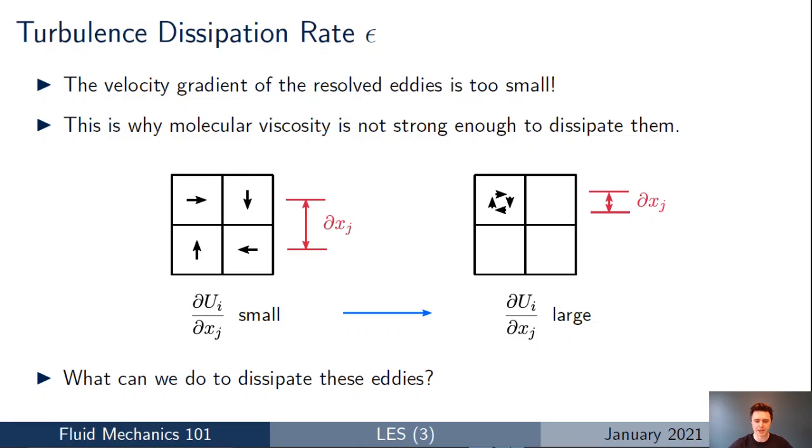And of course, what we see is that these eddies are a lot bigger than those smallest eddies which are dissipated by molecular viscosity, because the distance across the eddy is much larger, and therefore the velocity gradient is currently too small. So for these eddies, the velocity gradient is currently too small for them to be dissipated by molecular viscosity. What can we do to make sure that we remove these eddies from the flow in our LES simulation?